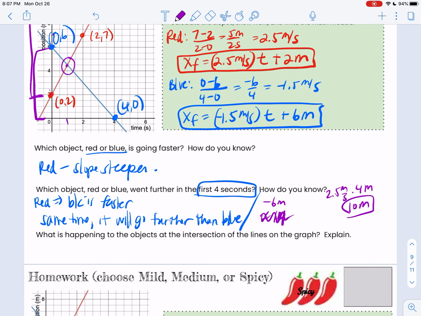They'll meet at a time of 1 second and a position of about 4.5 meters. So you're looking at that point where they cross, and you're reading off that intersection point. That's going to be important for the summative assessment. So they're going to meet at time equals 1 second and at a position of 4.5 meters.